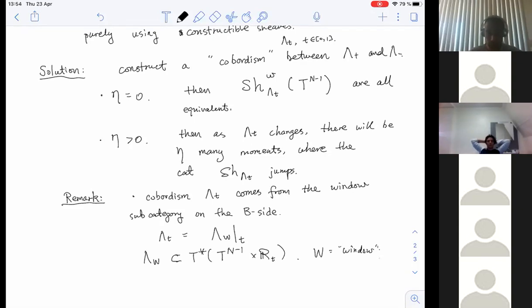Could I ask a question? Does this make sense at the singular time? As in when t passes through. Yeah, when t passes through the singular time, it has a sort of semi-continuity.